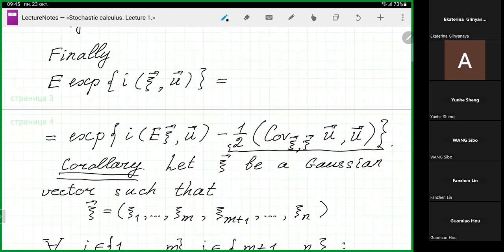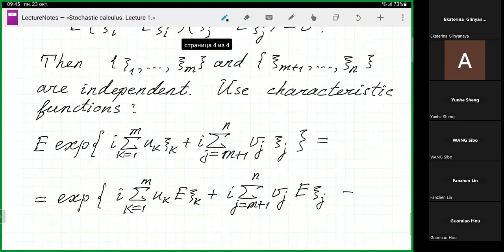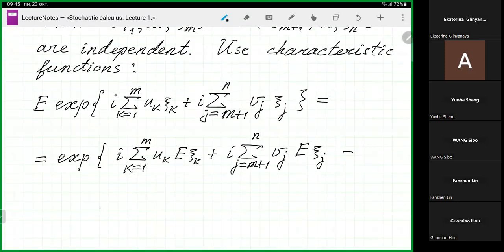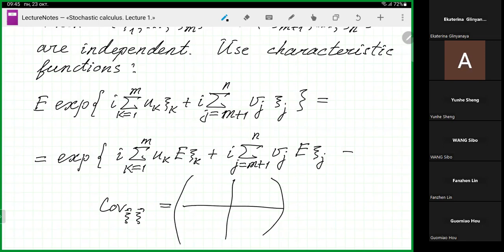Now, due to our supposition, the covariance of psi has a special kind. It is a so-called block matrix. Here we have something, the covariance between the first coordinates psi 1 up to psi m.